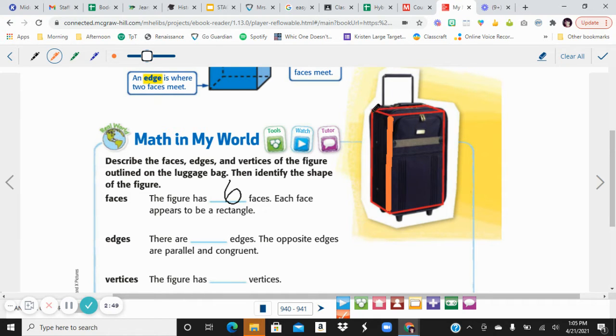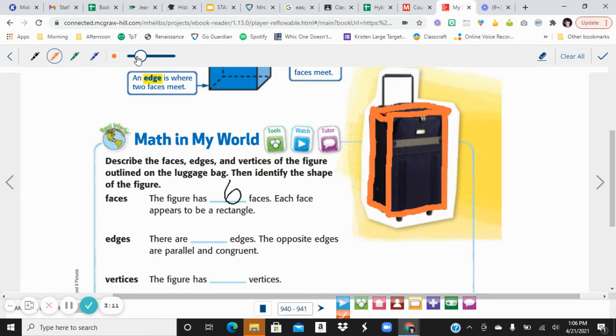Then we have 2 edges, 3, 4, 5, 6, 7, 8, 9. But that's only the ones I can see.